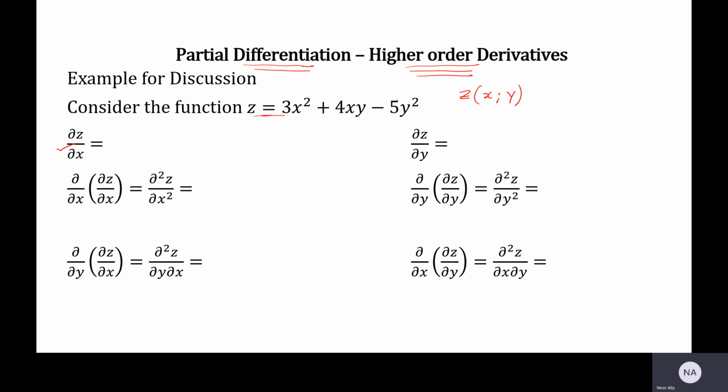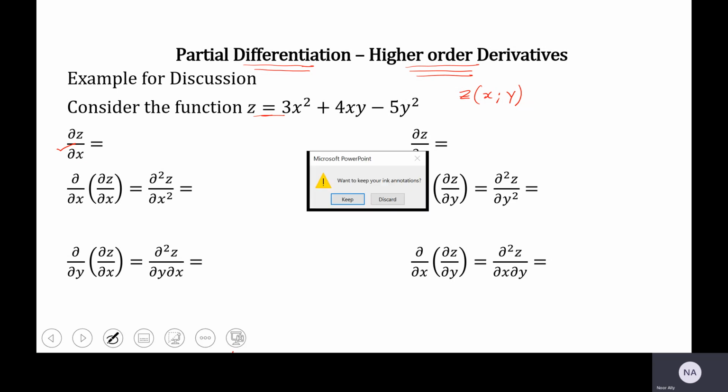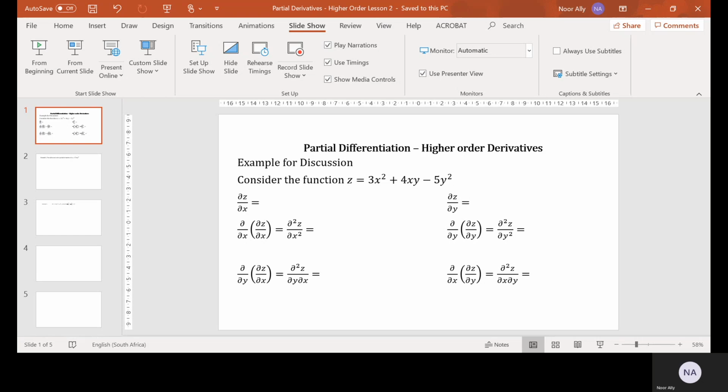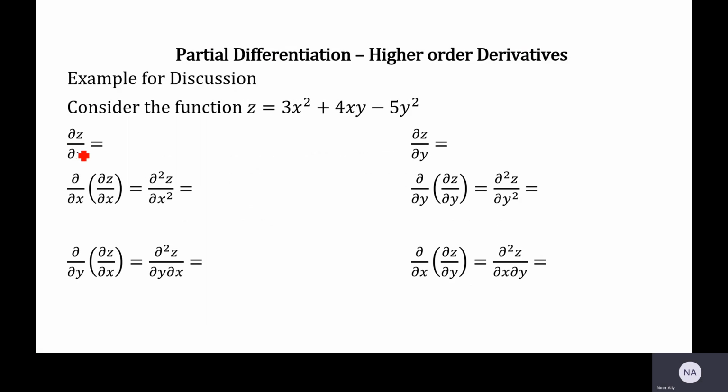Now, you can find a particular way or method of working this out, how you want to approach it. So let's look at the first case. If I want to find partial dz dx, I'll have to ensure that y remains constant when I differentiate.